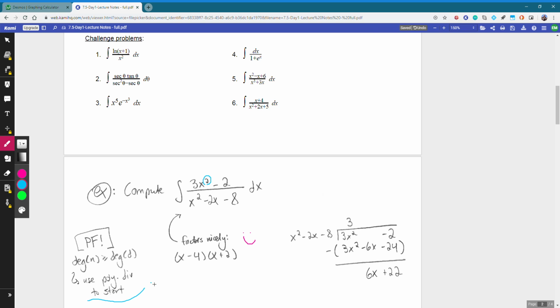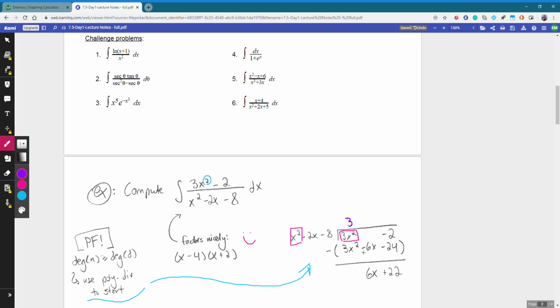To use polynomial division, we put the numerator inside the house, what we're dividing by outside. And looking at the leading terms here, 3x squared inside the house and x squared outside, we just ask, well, what do we need to multiply that x squared by to match up here? And in this case, it's 3.